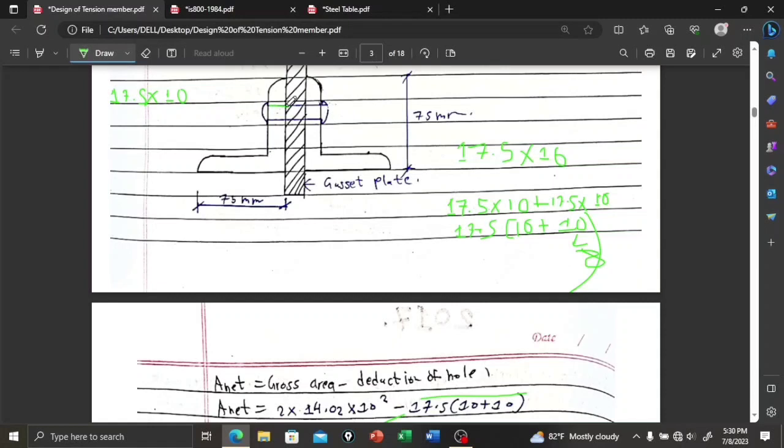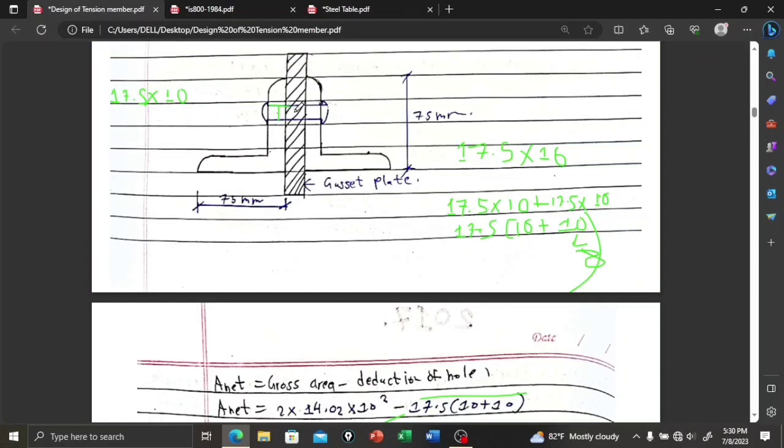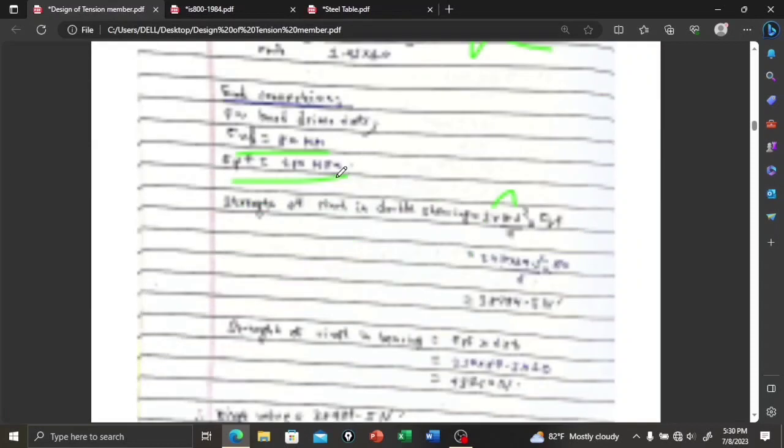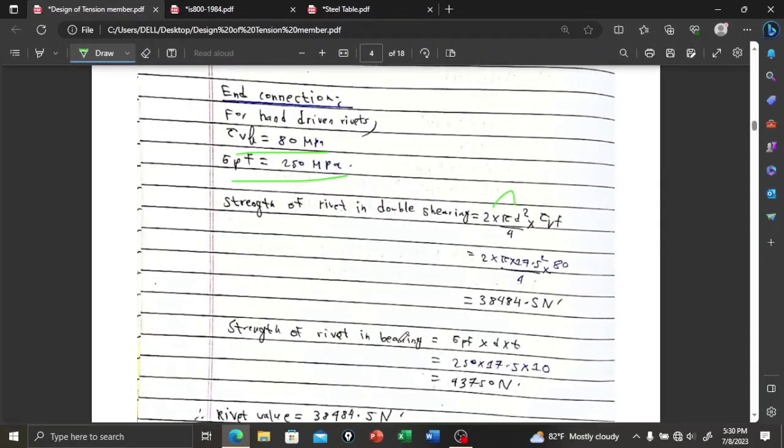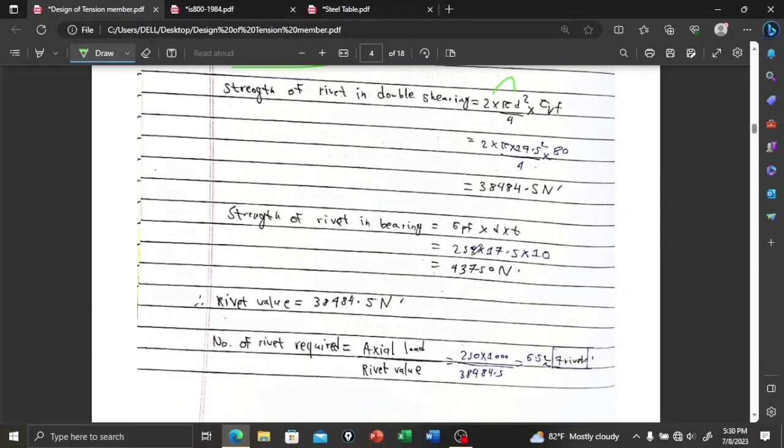The strength of rivet in bearing depends on this diameter, and this thickness will reduce the bearing. The thickness is the minimum of both, since both are 10 millimeter, so the thickness is 10. So the strength of rivet in bearing is 250 into 17.5 into 10.